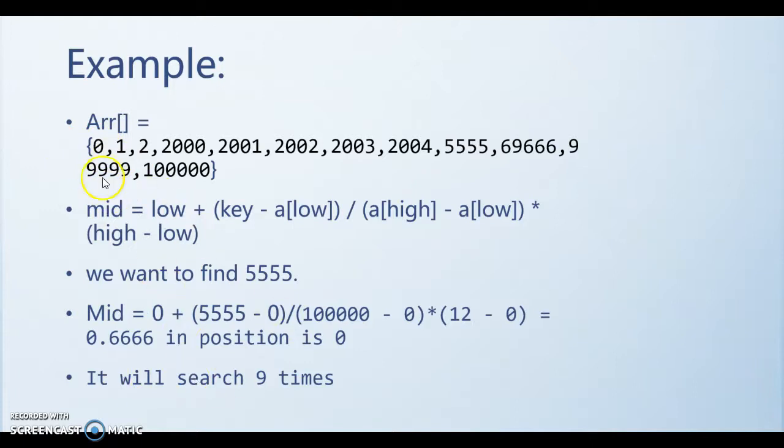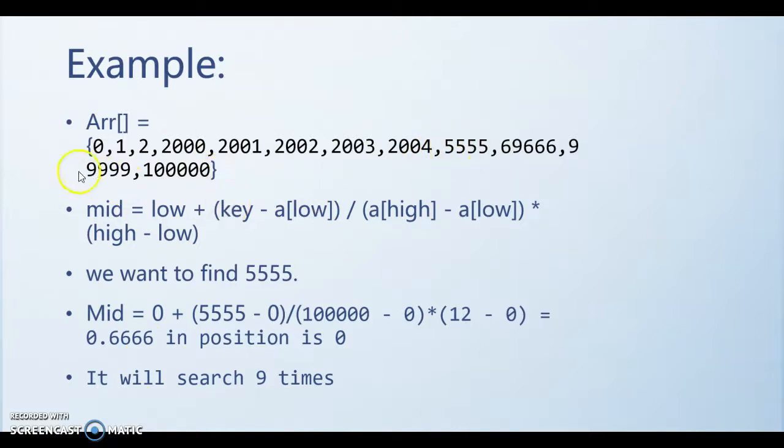And it will search nine times, because we search for the mid, and second we search this one. This is 1, 2, 3, 4, 5, 6, 7, 8, 9. So we have 9 searches across the whole array to find what we want.